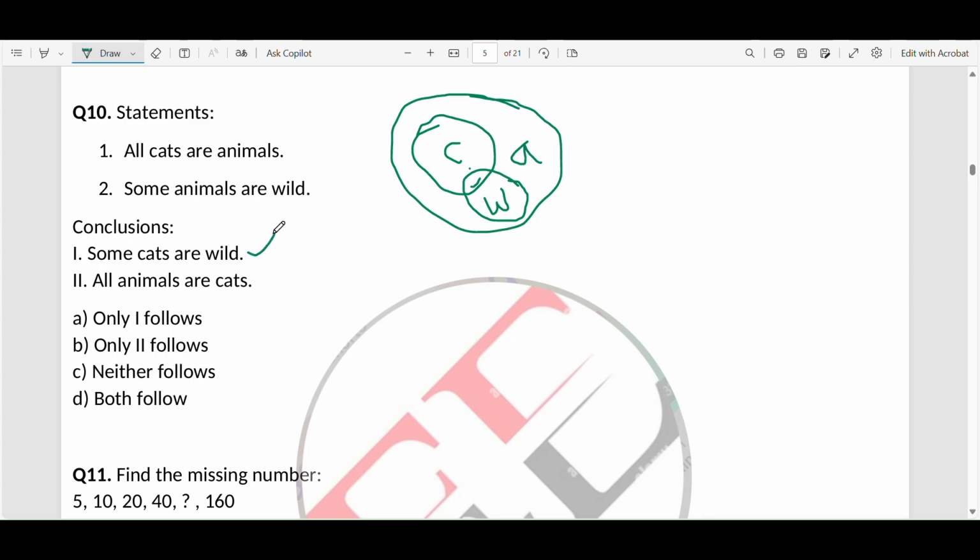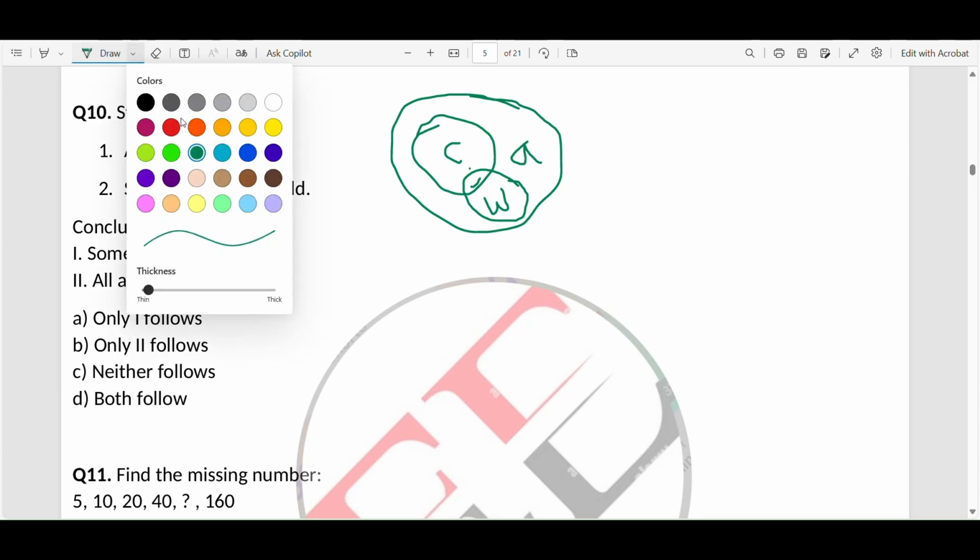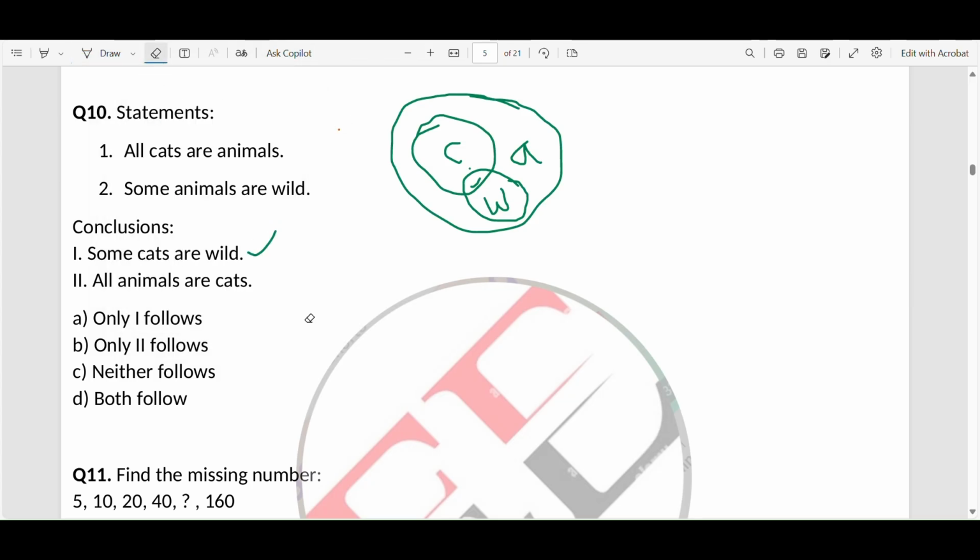This is true. Next, all animals are cats.